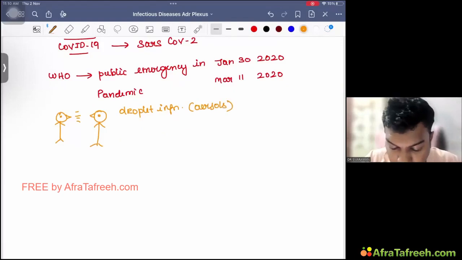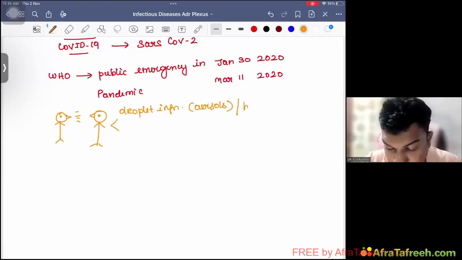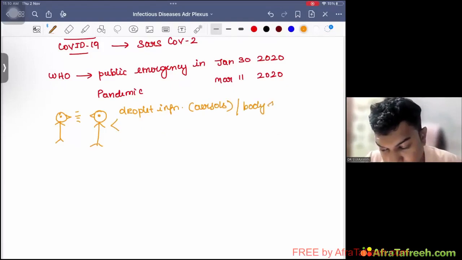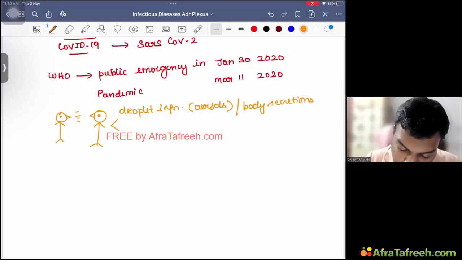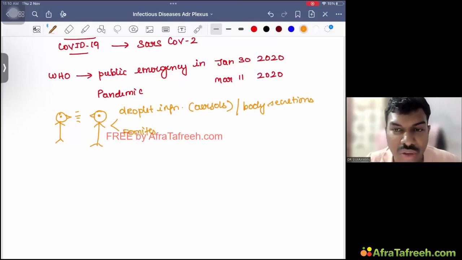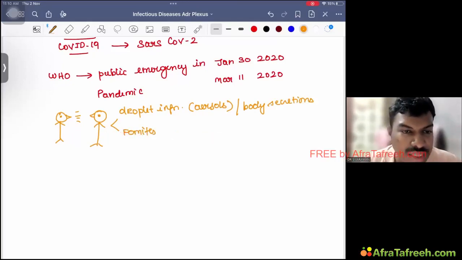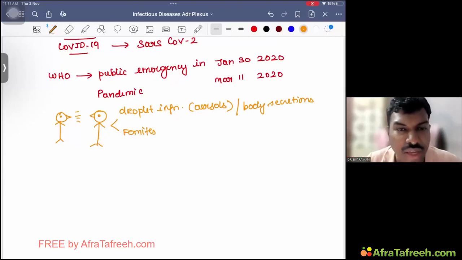It also spreads through body secretions, again because of the aerosols, and indirectly through fomites. It will get deposited somewhere, and when a person touches the face, again it is going to spread. So the major source of spread is droplets, and it also spreads through fomites, which is a person coming in contact with a contaminated surface. This is a very important thing.